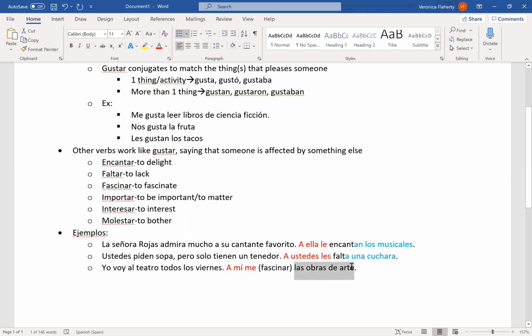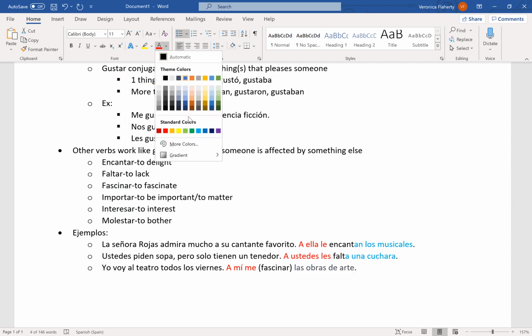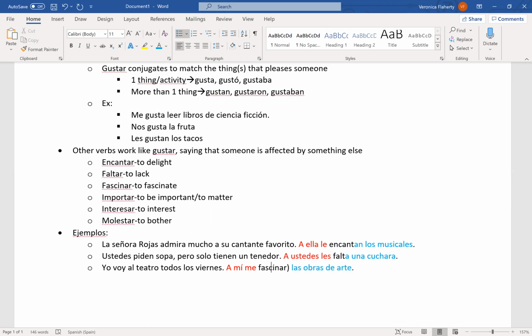Gustan, if it was gustar, yes. But it's fascinar, so just a little different. Fascinan, yes. Okay, guys, why is it fascinan? That is las obras, because las obras is plural, right?